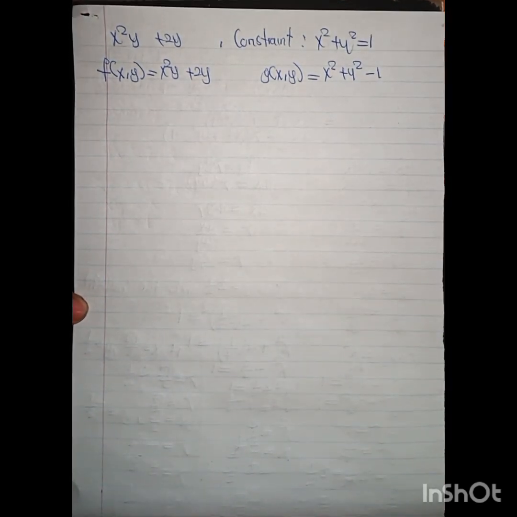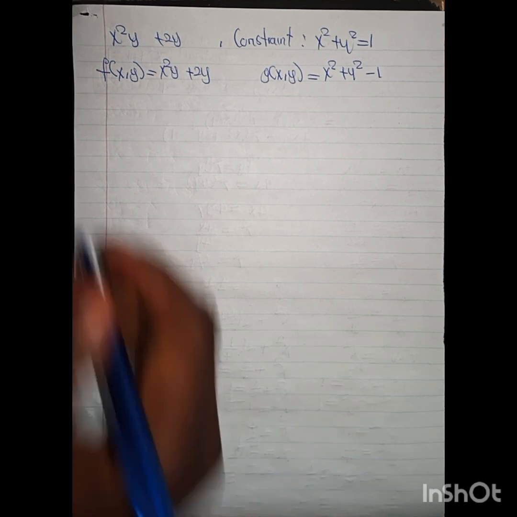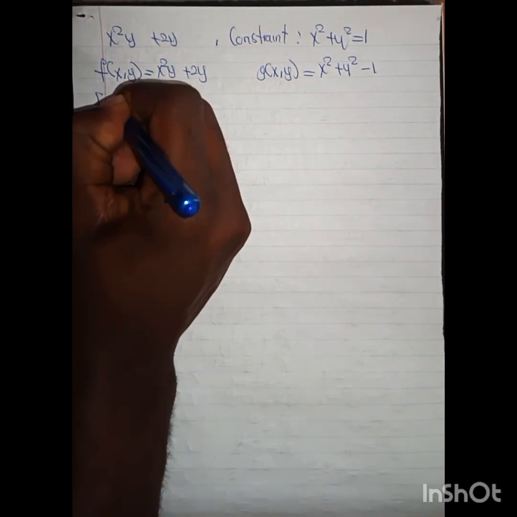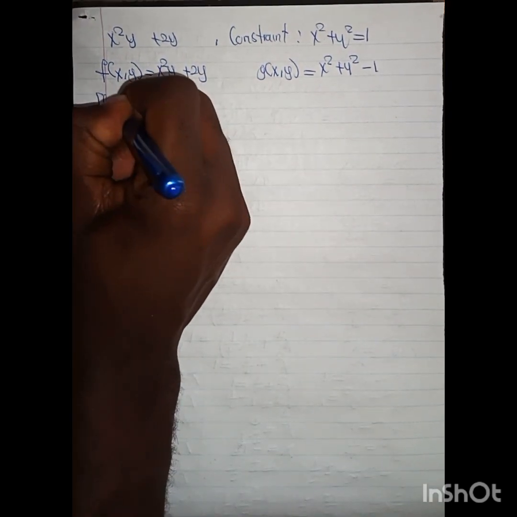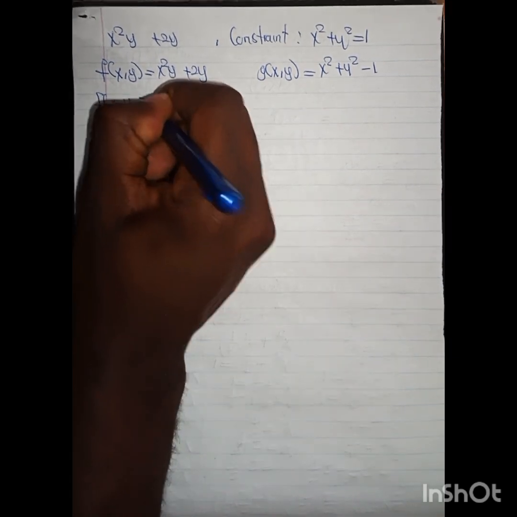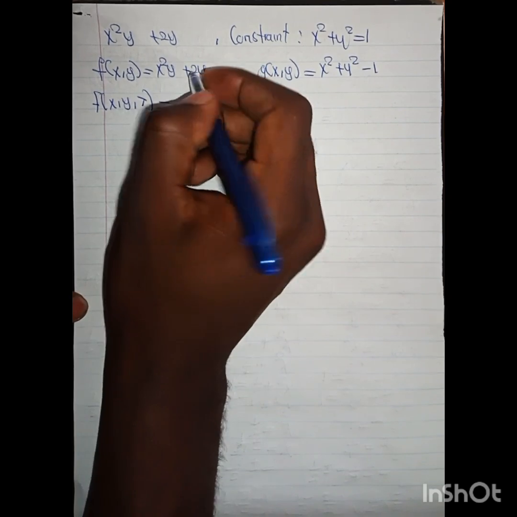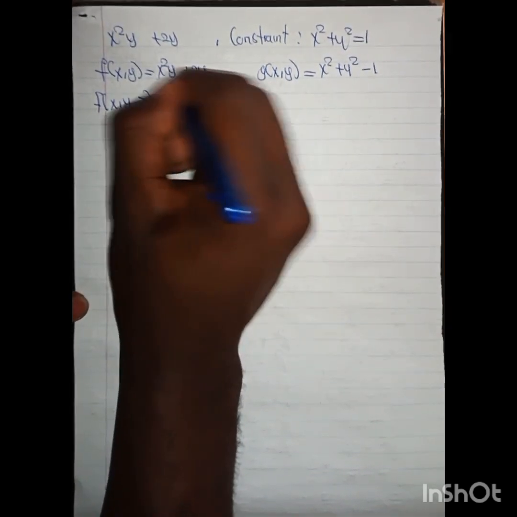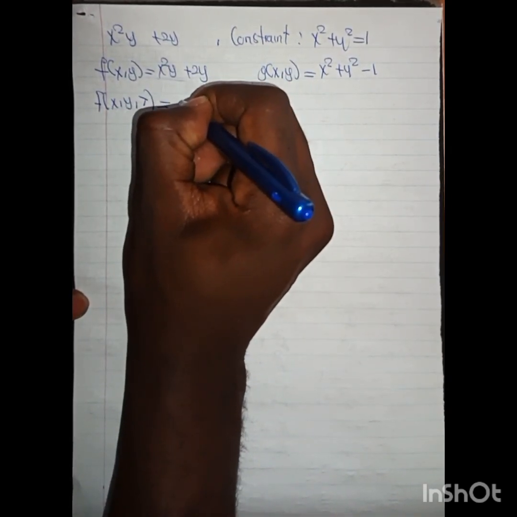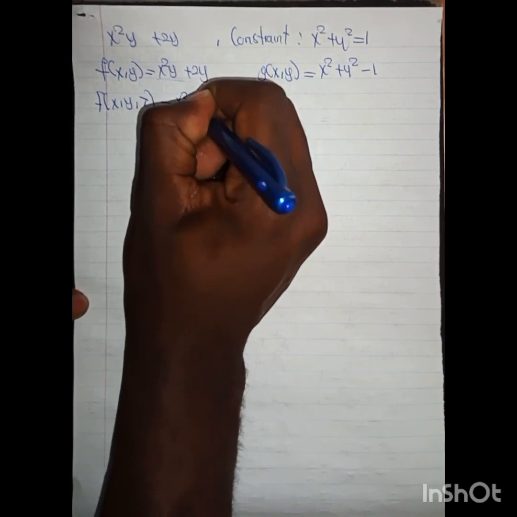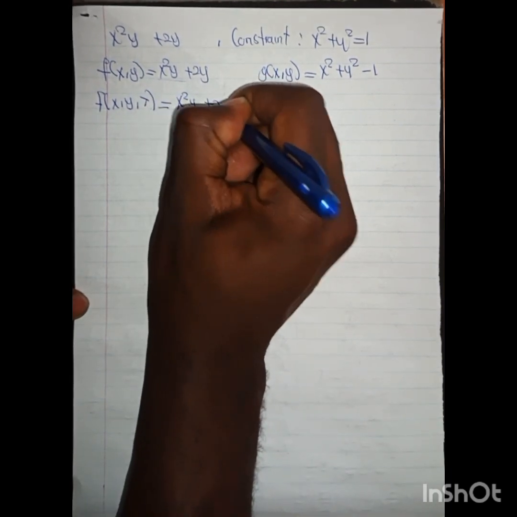And then we've said that we have to form a system of equations with 3 variables. So now we have x, y, and the third variable is a lambda. This might be equal to the equation of f. So this is x squared y plus 2y.